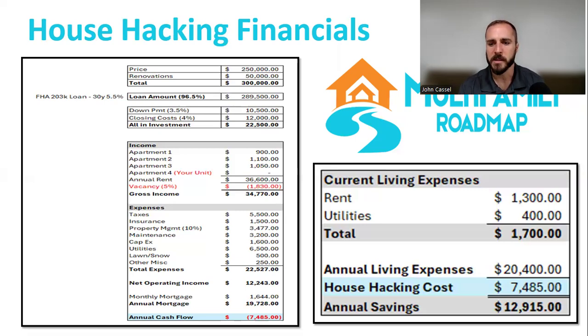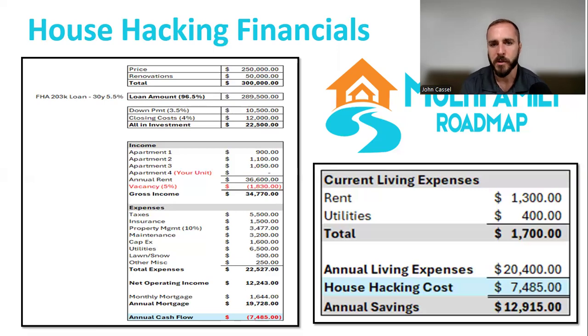So your annual living expenses come to $20,400 per year. And the house hacking cost, because of the negative cash flow, is $7,485. So in the long run you actually end up saving almost $13,000 a year in living costs by moving into this house hack.